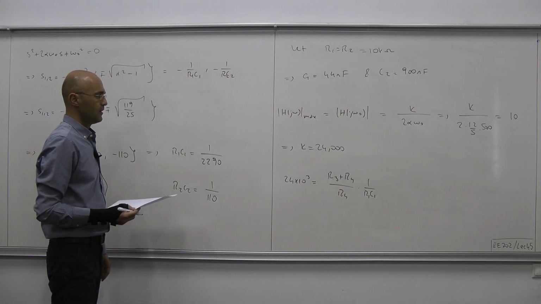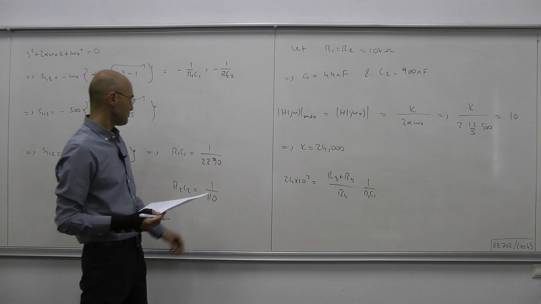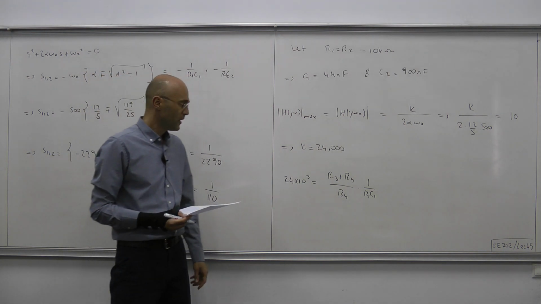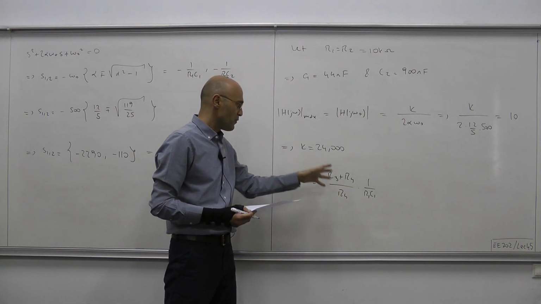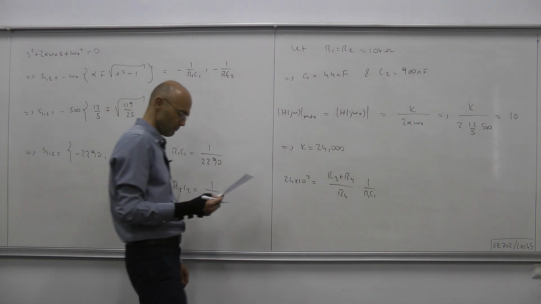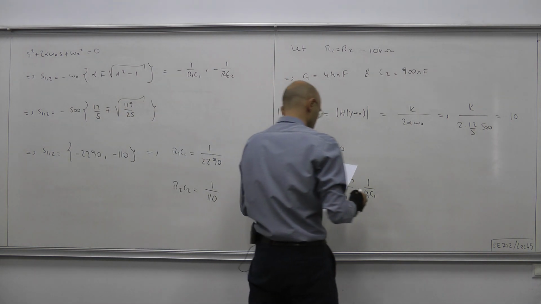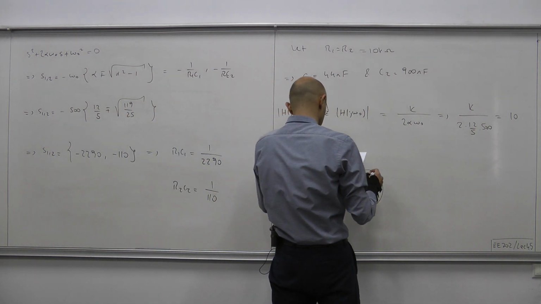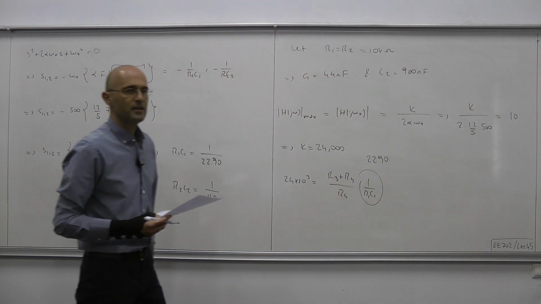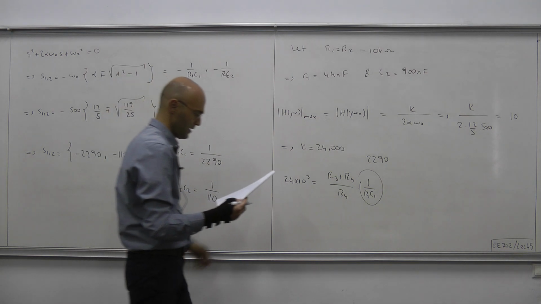Now R1 C1 is known, and from this equation, therefore, we obtain the ratio of R3 to R4. This is 2290.